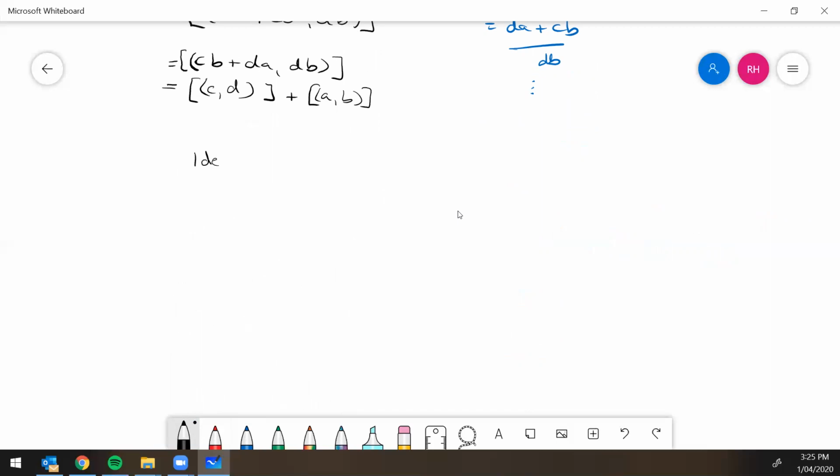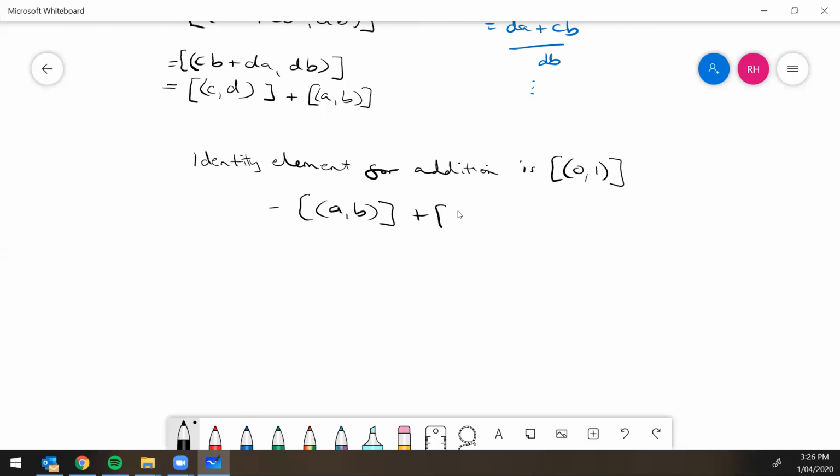Identity element for addition is 0, 1. Yeah, because if you work through, if you add this on to anything, so what I'm saying is that we take any fraction A on B plus 0, 1, when you work it all out, you just get A on B. When I say all A on B, I'm not worried here about the fact that B can't be 0.